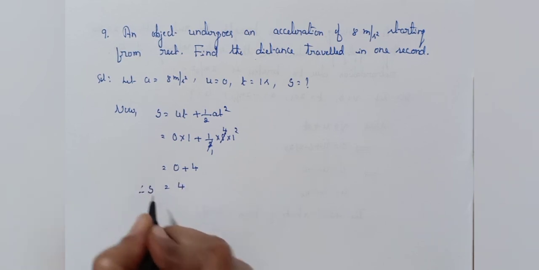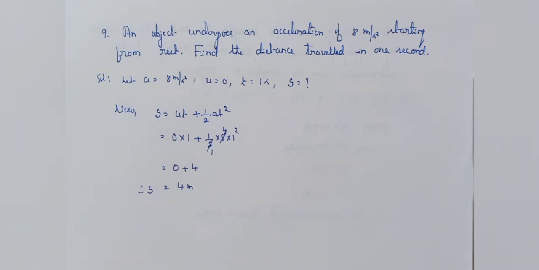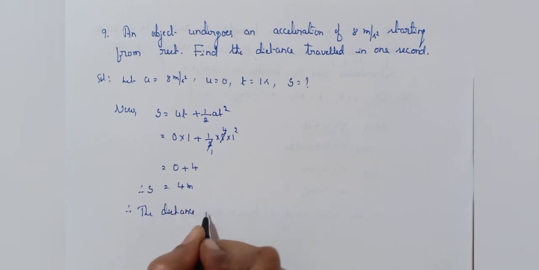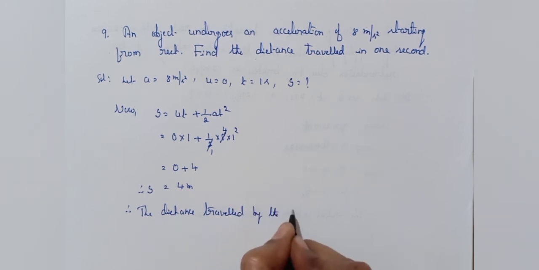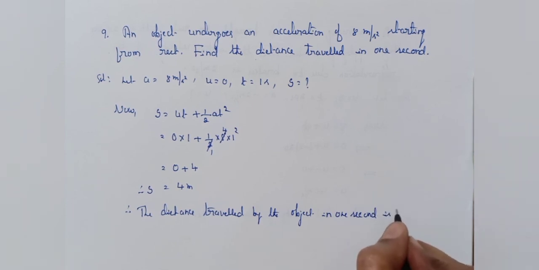Therefore the distance travelled by the object in 1 second is 4 meter. Let us continue in the next class.